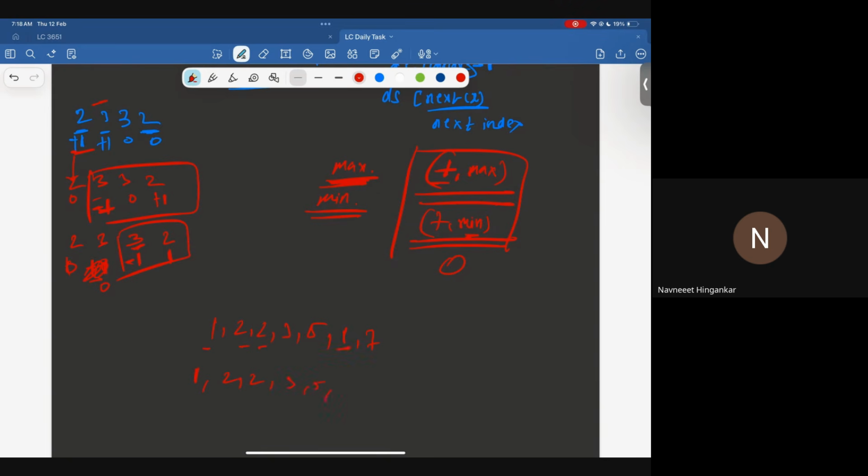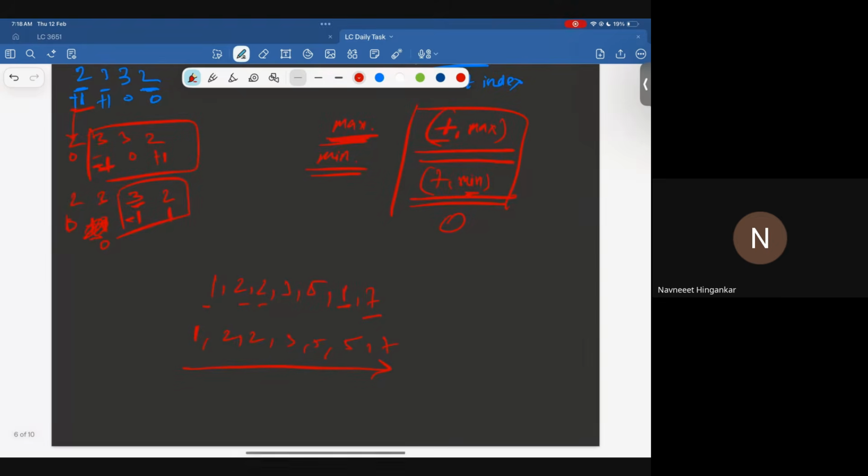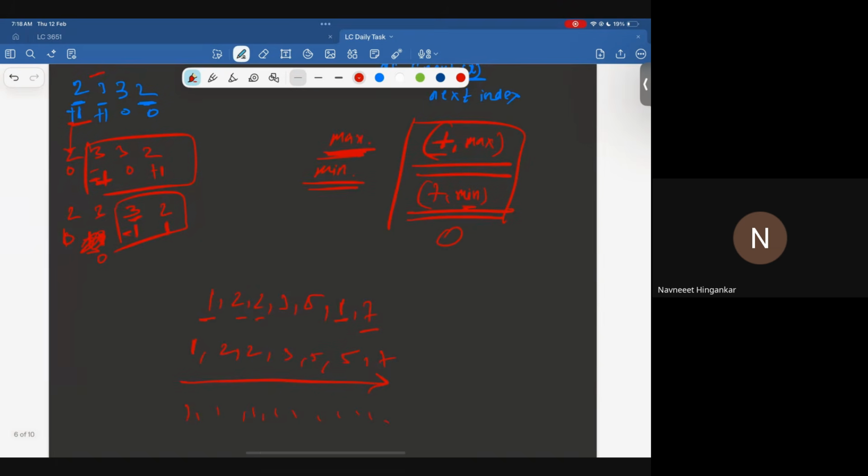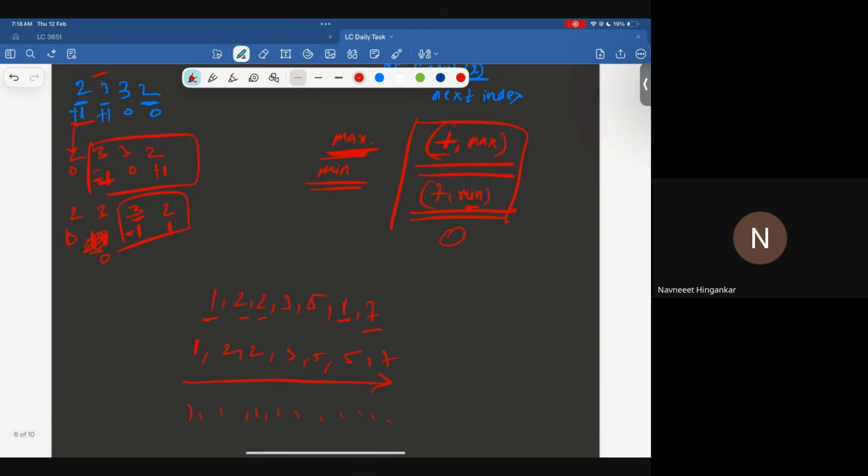Even after one more addition, my max is still 5. After 7, max becomes 7. As you can see, it is increasing. Similarly, min will be decreasing. If I try to find min here, it will always be 1, 1, 1, 1. So all you need to do is use a segment tree to find max and min. Now how you could check it, like this.